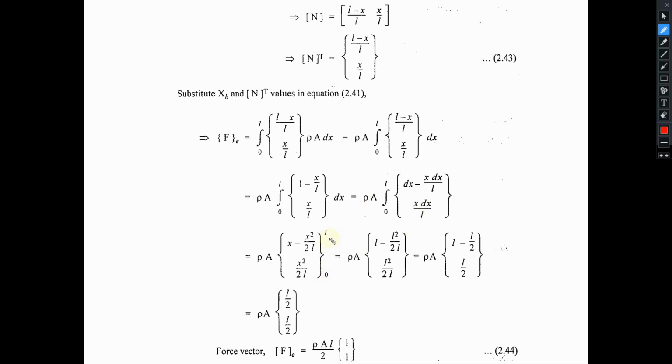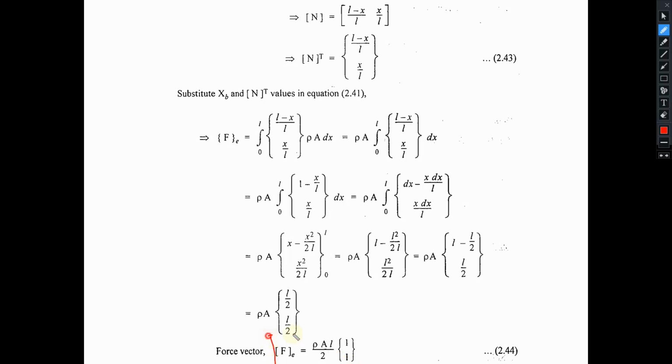Now we substitute the values L and 0, that is rho a into L square minus L square by 2L and L square by 2L. When we put 0, everything becomes 0, so that term will not appear here. It is equal to rho a into L minus L by 2 and L by 2. So L by 2 is common in both. Taking L by 2 common, we get 1 1. So the force vector Fe can be represented as rho a into L by 2 into 1 1.